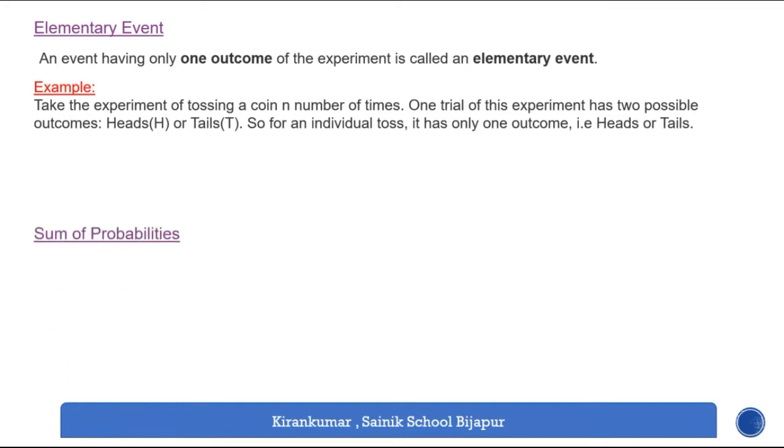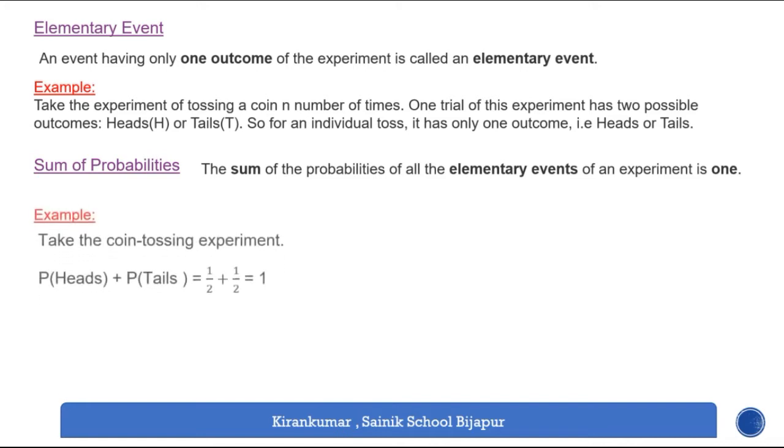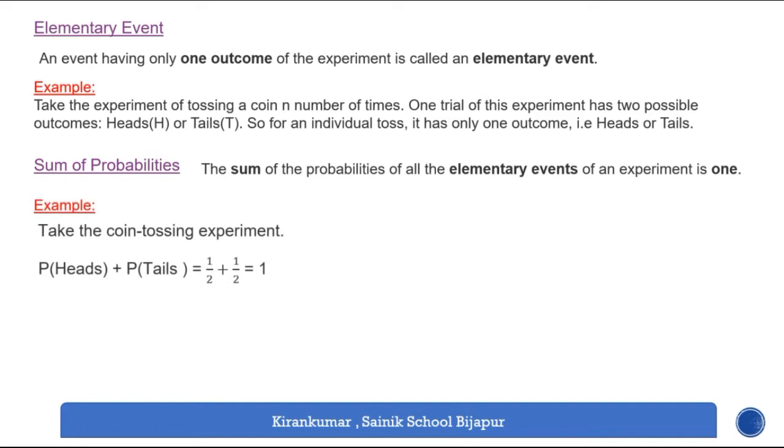You need to remember that the sum of the probabilities of all the elementary events of an experiment is always 1. So for example, take the coin tossing experiment. In this, probability of getting head plus the probability of getting tail is 1 by 2 plus 1 by 2, which is 1.